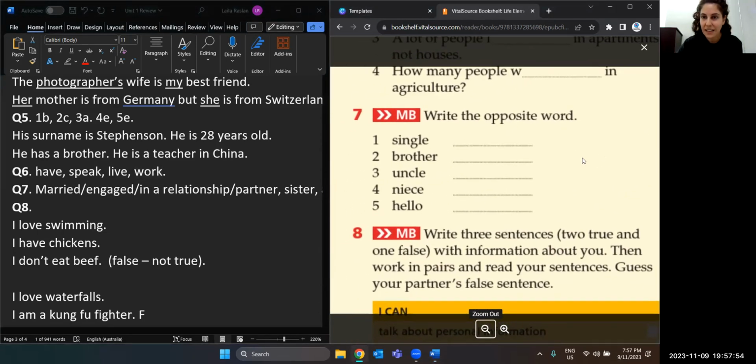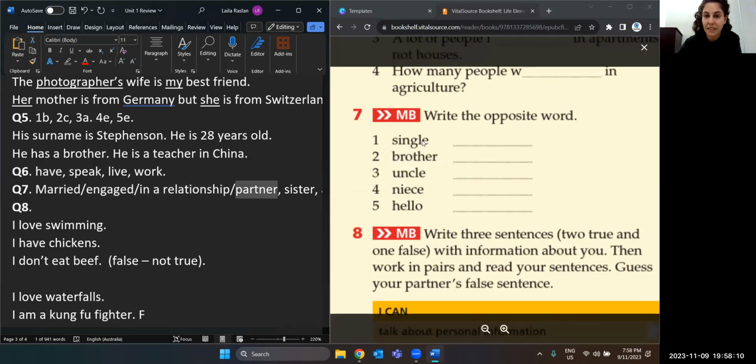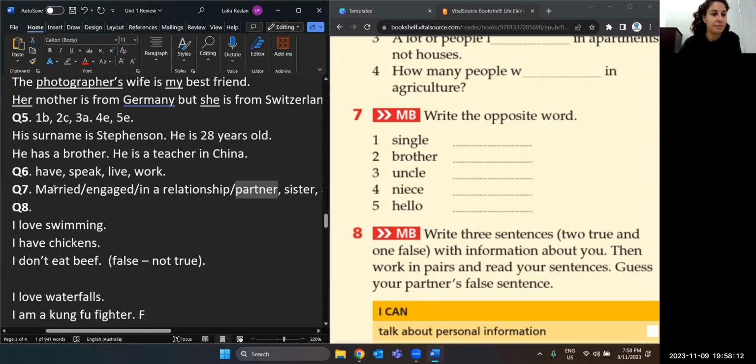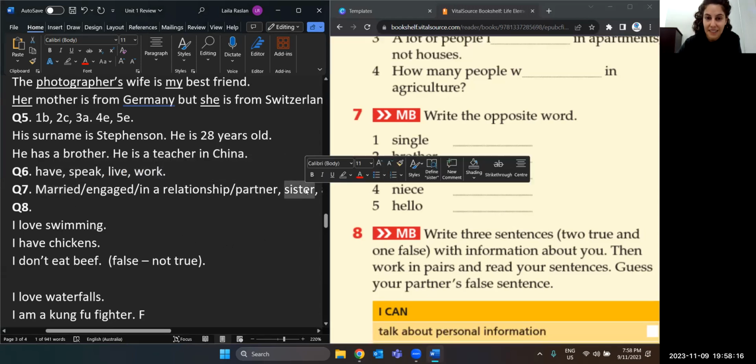Okay, number 7. Write the opposite word. So if I say single, married. Or you could say engaged. That's before they get married. When someone's engaged, in a relationship, partner, they're the opposite word, but married. Brother, sister.